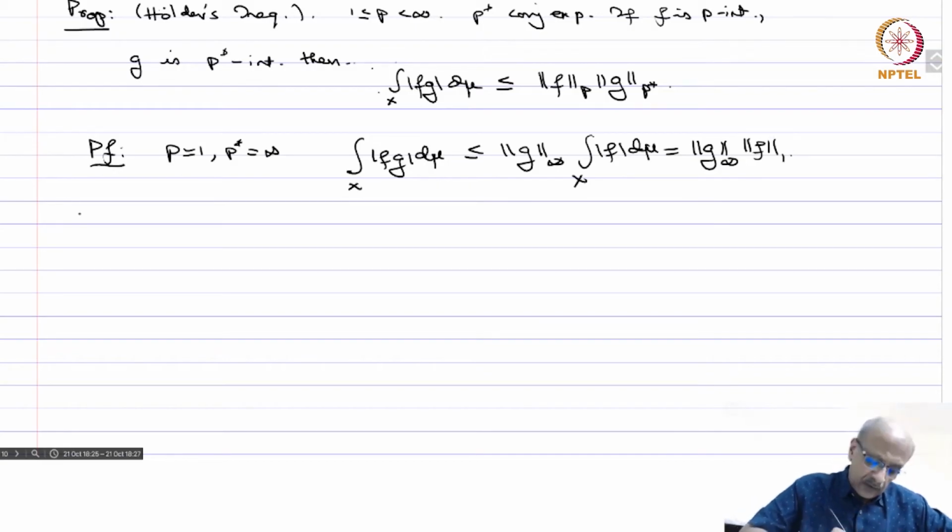So now let us assume that 1 is less than p less than infinity. So we can also assume that f and g are non-zero, because even if one of them is 0, then there is nothing to prove in this inequality.